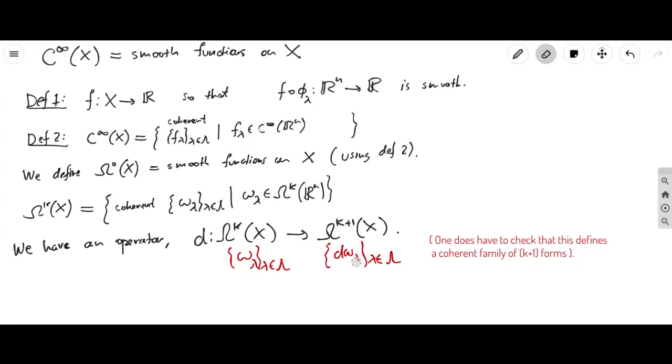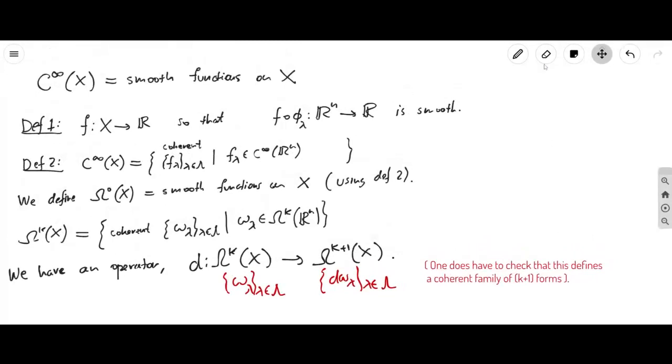So these become k plus 1 forms defined on each chart. So assuming that this new collection of forms is coherent again, then you have defined a family of k plus 1 forms in each chart in a coherent way. So by definition, that gives you a k plus 1 form on X. So that's what we have here.